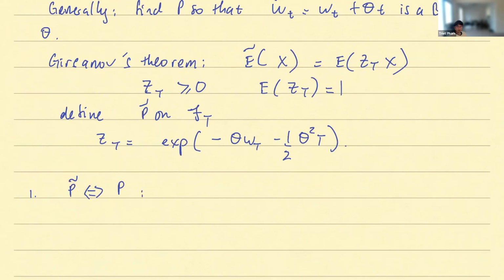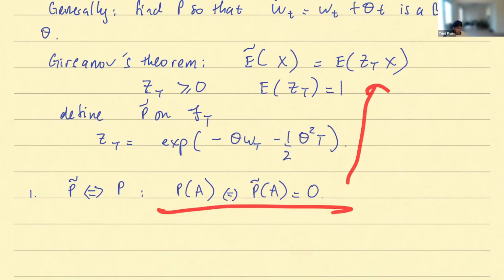But equivalent doesn't mean that they're equal. It just means that any event that is impossible under one point of view would be impossible under the other point of view. Again, it will come out of Girsanov's theorem, that's what we'll explain.